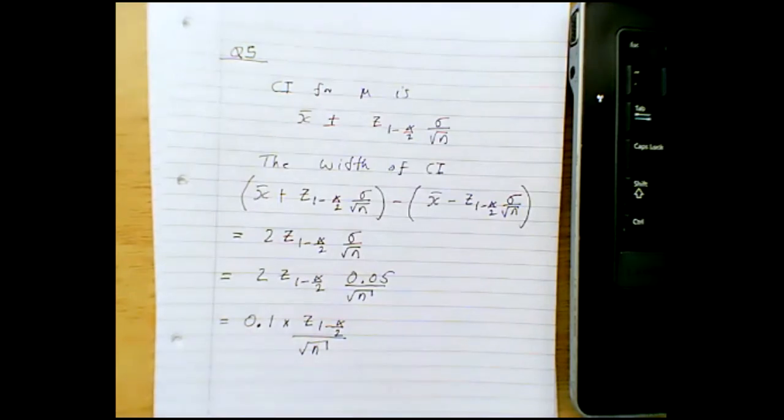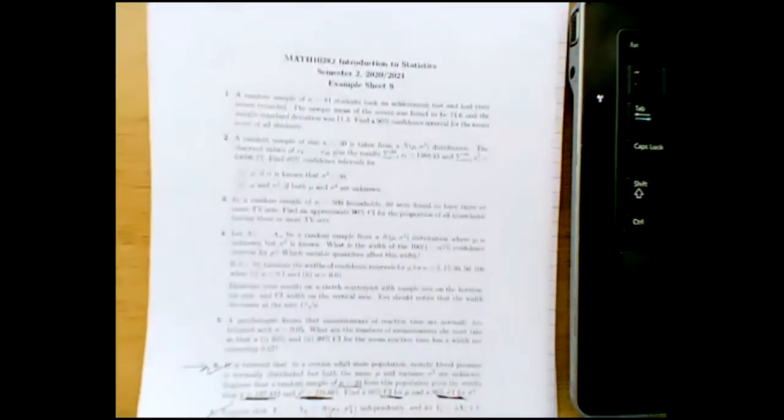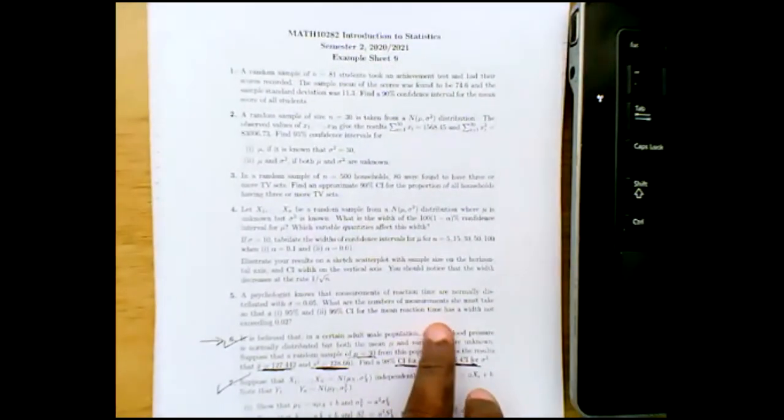And if you go back to the question one more time, it says that they want the width... excuse me, it plays around again. I don't know what the problem is. What's going on?